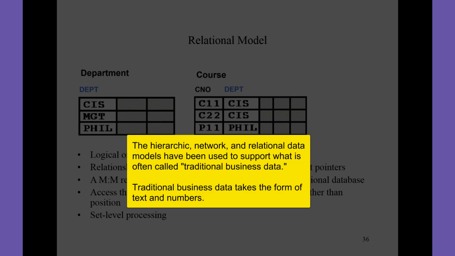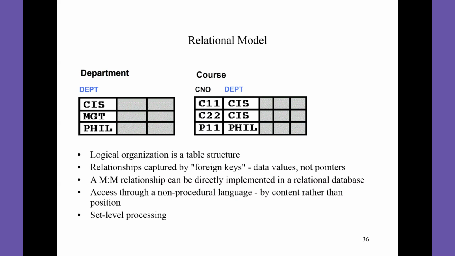So these three data models, especially the relational model, were developed to support traditional database applications. Traditional business data consisted of text and numbers. More recently, there has been interest in the need to support a variety of different types of data and applications, such as multimedia, geographic information systems, and expanding into data warehouse and online analytical processing systems, and of course the World Wide Web.